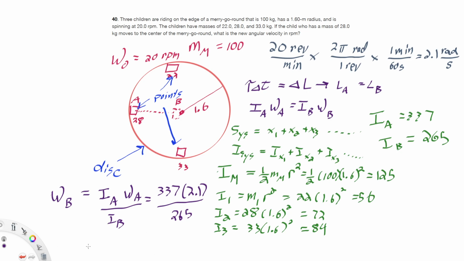Okay, so after the kid crawls to the middle, the angular speed of the merry-go-round goes up to 2.65 rad/s. So that kid is not enjoying the merry-go-round as much, but the merry-go-round overall speeds up, so the other two kids are having more fun.